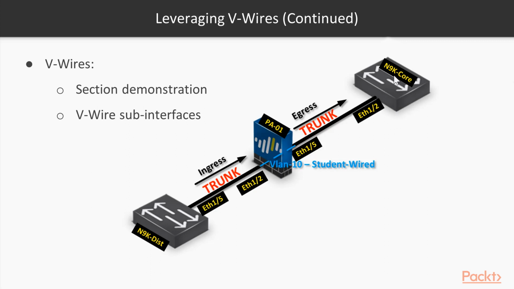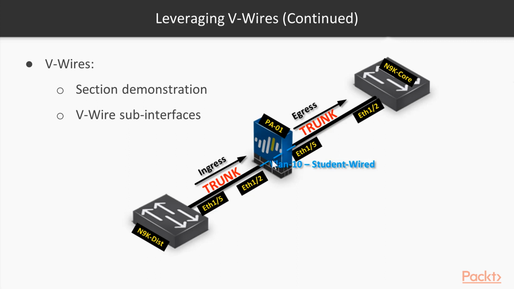So from the switch perspective, they just see a patch going to this side. Obviously on the Palo Alto, we can prune protocols. So for example, you can allow LLDP, but block STP. So the Palo Alto can also filter that. But for this instance, we're just gonna go ahead and connect using a virtual wire, Ethernet 1/2 and 1/5.